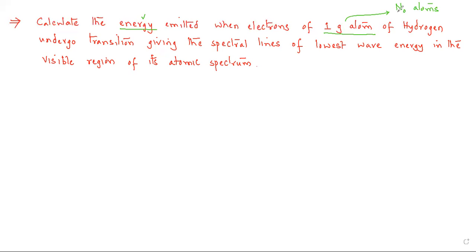Okay. Now, giving the spectral lines of lowest energy in a visible region. So they have given something indirectly. Visible region refers to Balmer series. Lowest energy spectral line.